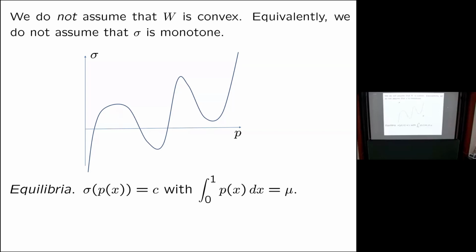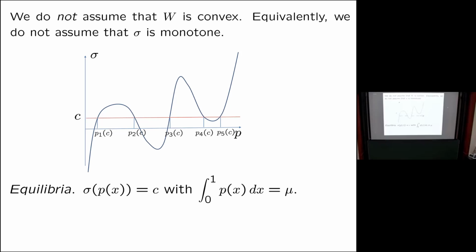Right? So now here's a value of C, here across here. So now you see that to solve sigma(P) equal to C, we have, in this case, 5 roots: P1(C), P2(C), P3(C), P4(C), P5(C).